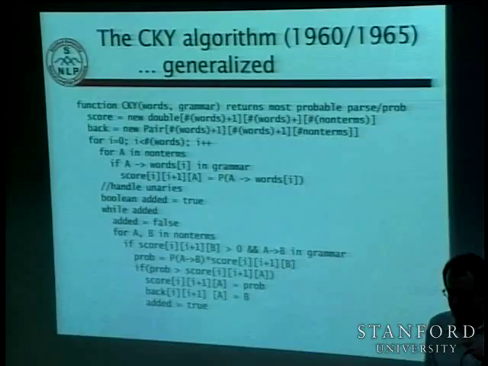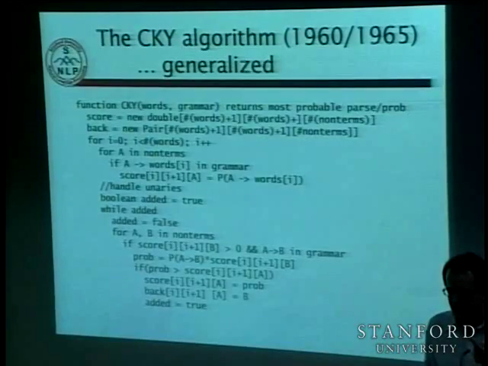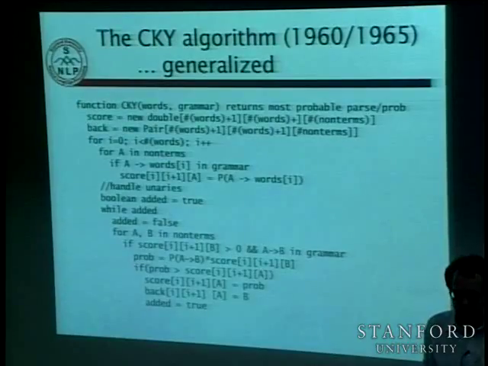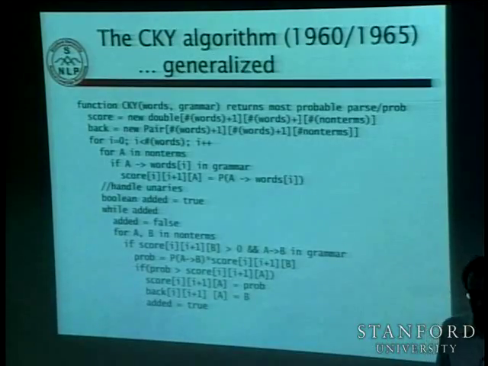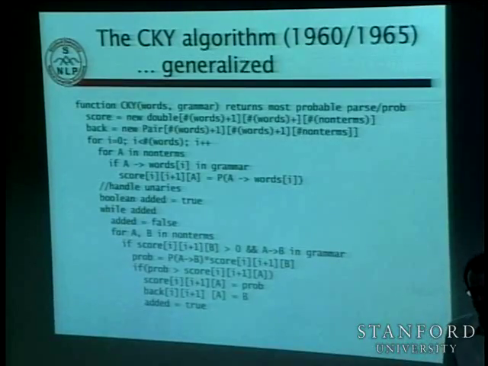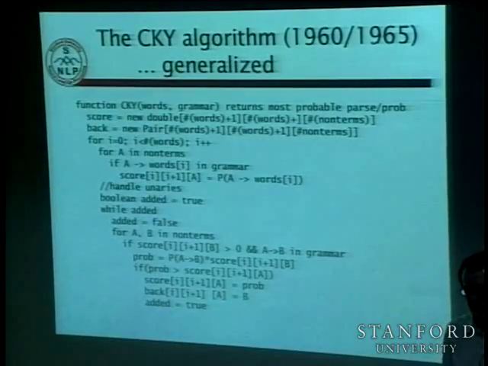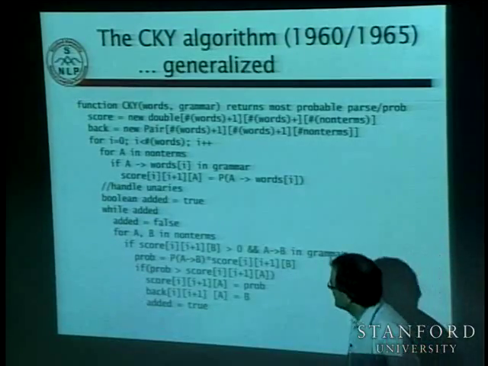And well, why it gets a bit more ugly on top of that is that you then have a closure problem because we might also have another rule in the grammar that says S goes to NP as a unary rule. So if we've then found that we could make an NP over some span, we then also have to find that we can make the S over the span. And in theory, at least, those unary chains can be quite long.